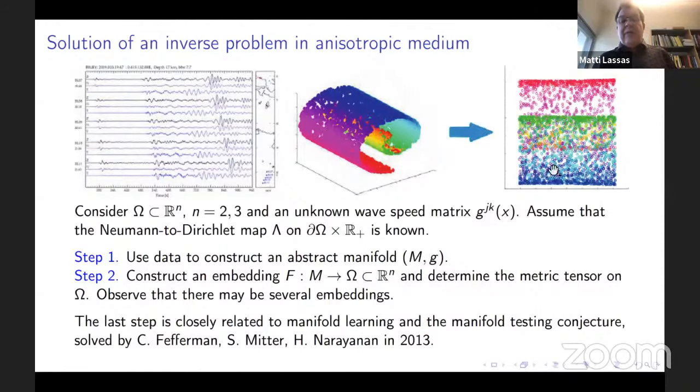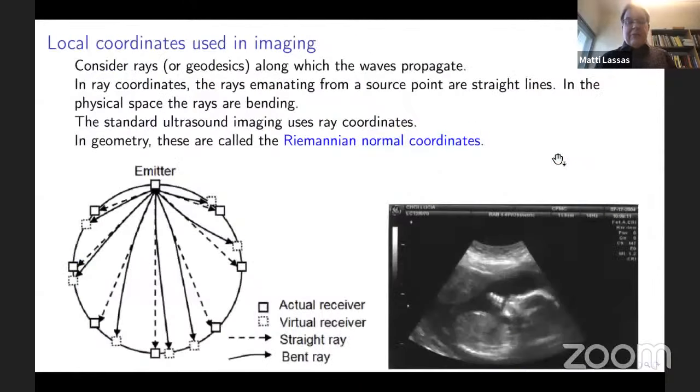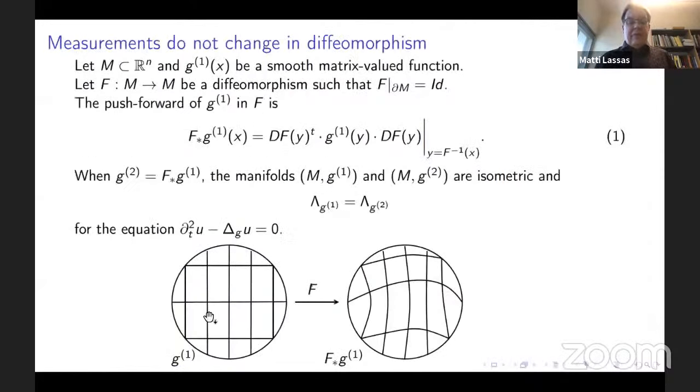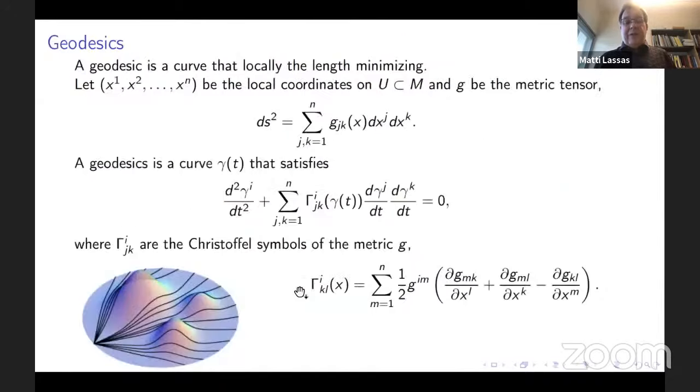And we observe that there can be several different embeddings, like in this picture. There are different physical wave speeds that give the same measurements. This means that the abstract manifold that we reconstruct can be embedded in Euclidean space in different ways.